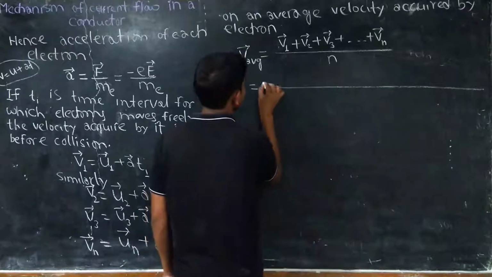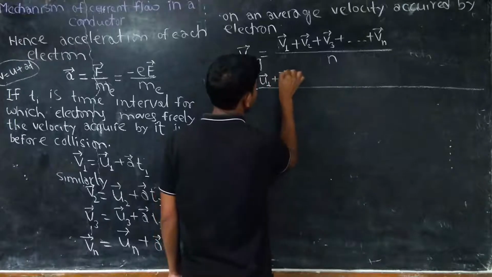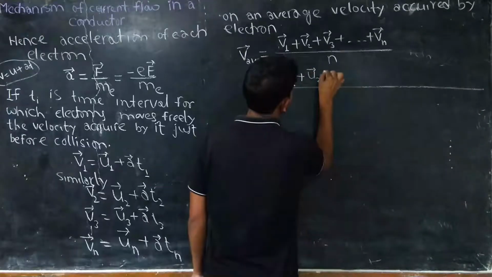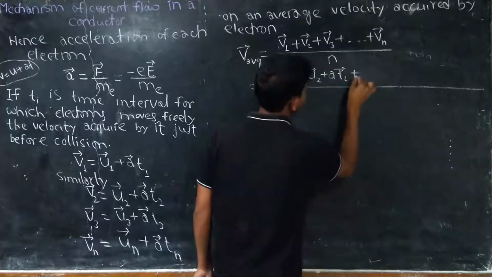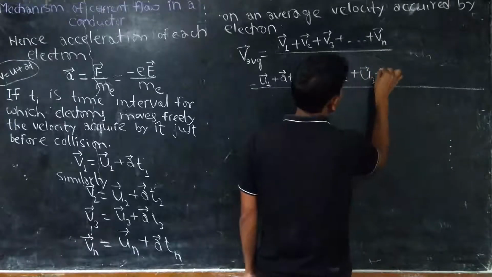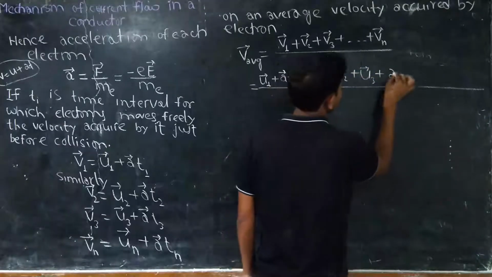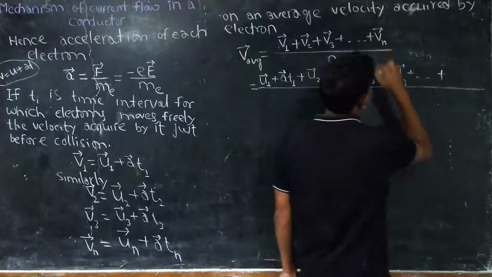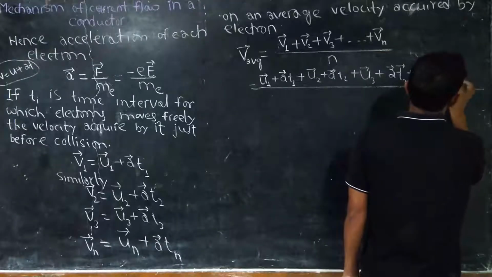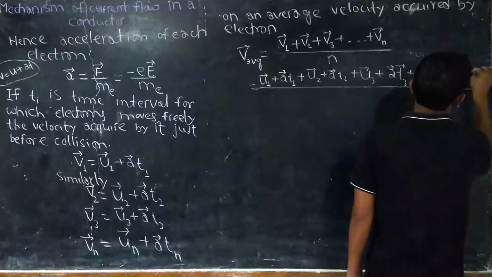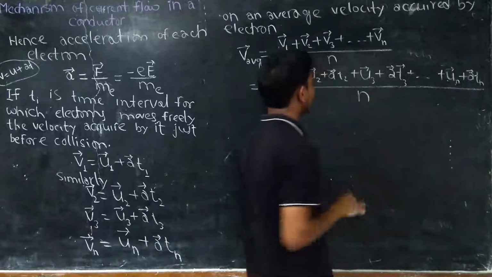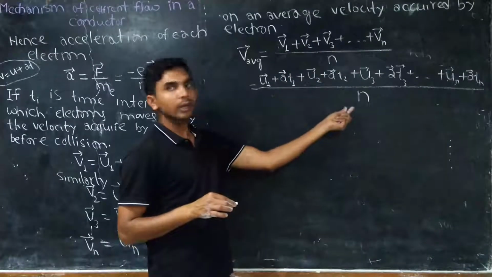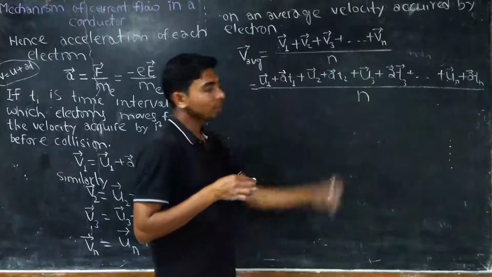In place of v1 we can write u1 plus a vector t1, and v2 is u2 plus a2 t2, v3 is u3 plus a vector t3, similarly dot dot dot for the nth, un plus a vector into tn, divided by n, because we are calculating an average. So the average is the sum of all the velocities divided by the number of electrons, and n is the number of electrons.